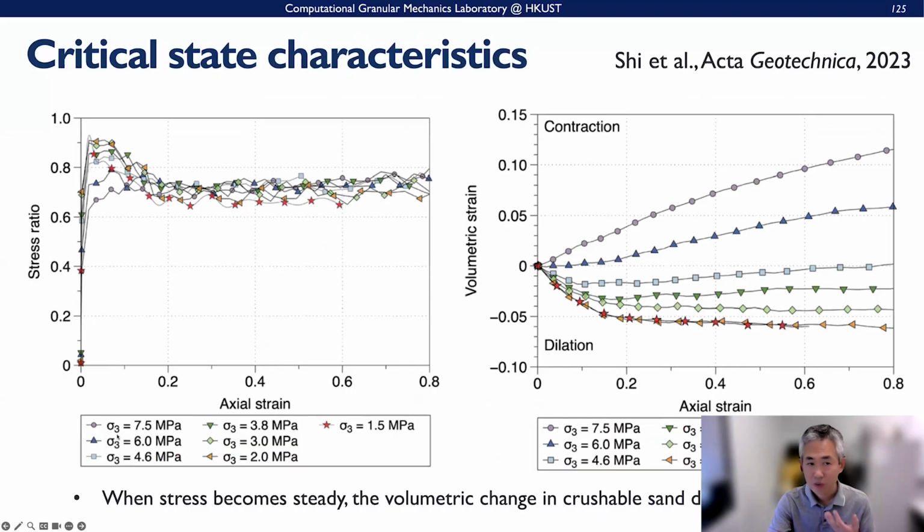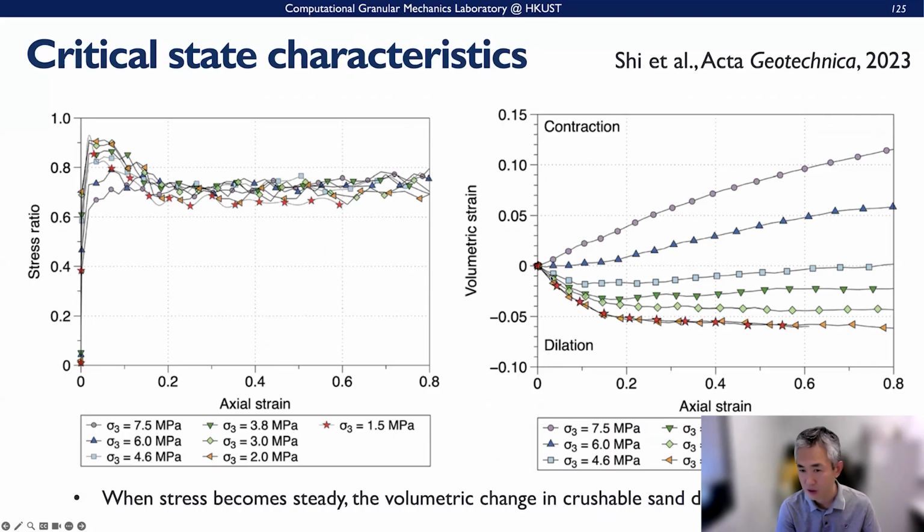And this is the critical state characteristic, quite interesting, the fundamental theoretical framework in soil mechanics. When we look at how crushing affects that, we compress the sample to 80% axial strain, and this is the curve here.